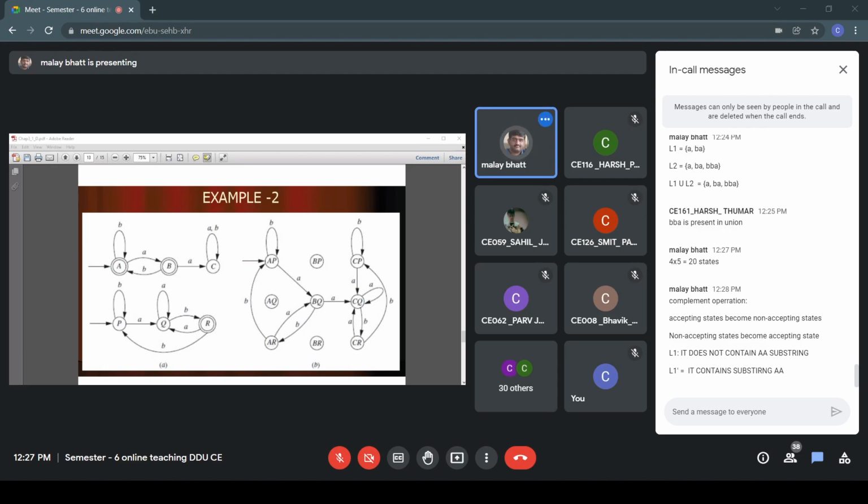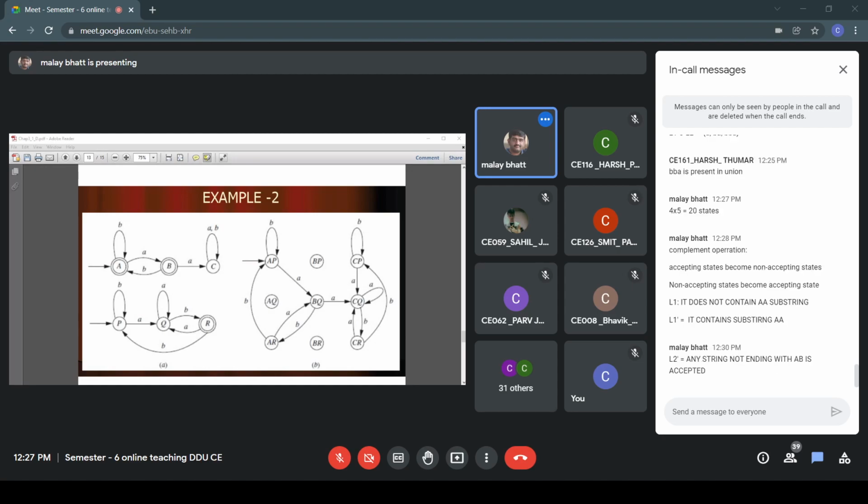Similarly, if I consider the second diagram, a string ending with AB. So what will the complement be? Any string which is not ending with AB, right? L2 dash, if we define it, we can say any string not ending with AB is accepted by this diagram, by the complement of the L2 language.